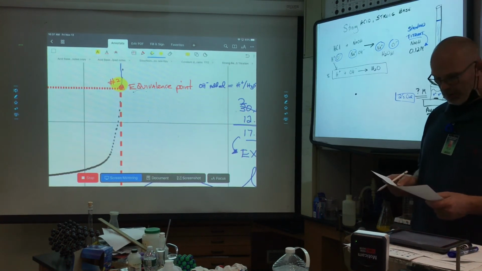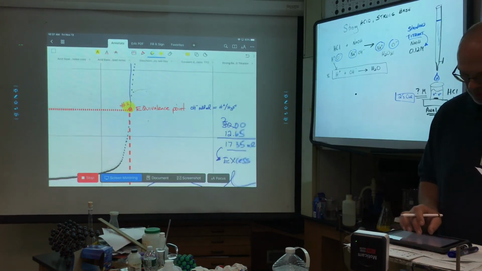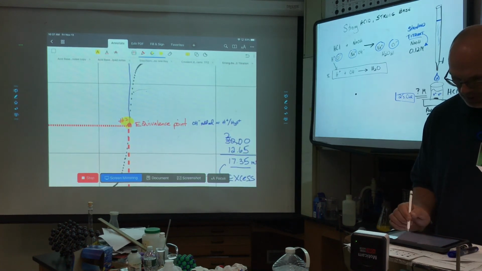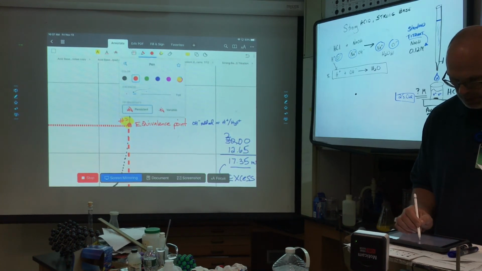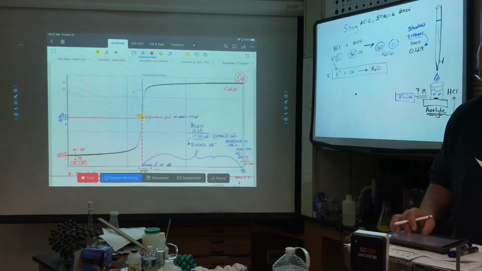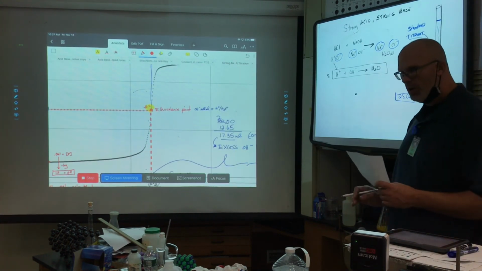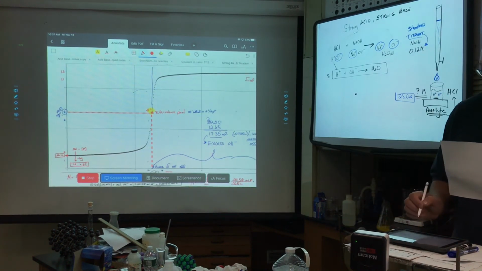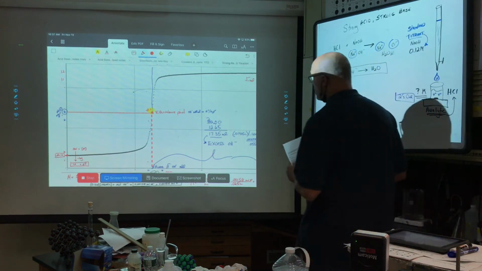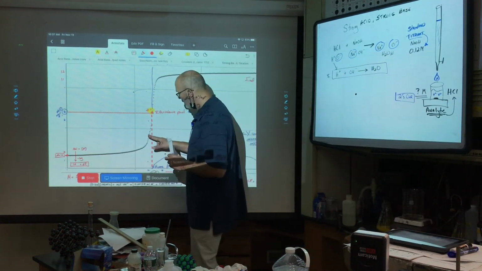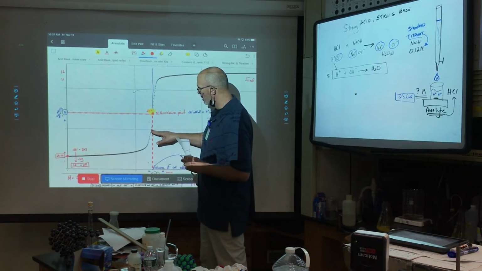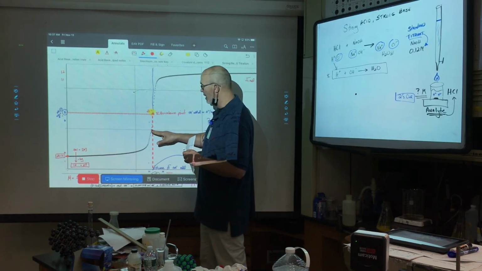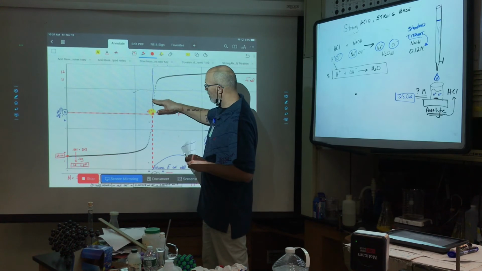Determine the end point of the titration. Now, I didn't talk about this in class, but I'm adding to this today right now. So the end point of the titration would be, if you remember, if we go to table M in your reference table, we know phenolphthalein, which was added to this lab, changed color, probably it seemed like in this area here, but because there's definitely a lag of how fast we can report the pH as it changes, it actually is on up here.